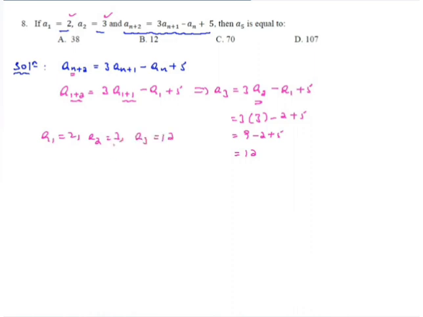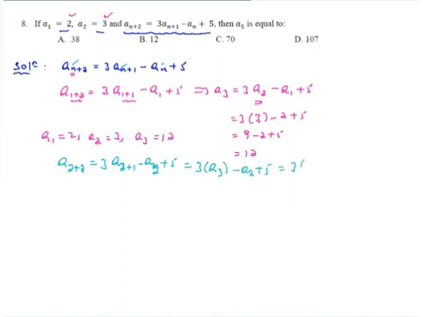Now we want the fourth term. The fourth term becomes, whenever n is 2, we will get the fourth term. The fourth term becomes 3 times the third term minus the second term plus 5.